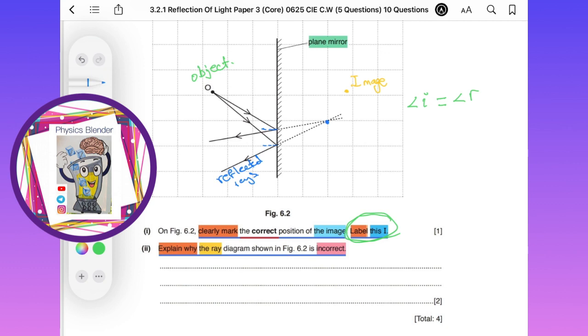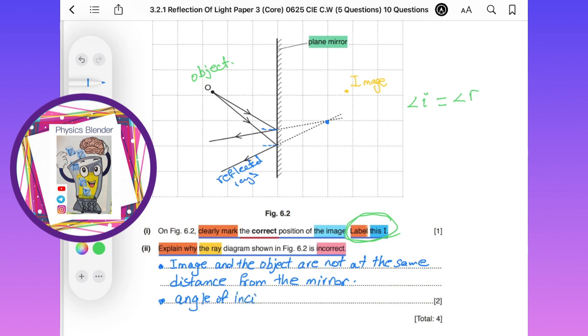So number 1, you have to write that the image and the object are not at the same distance from the mirror, and the second point, that angle of incidence is not equal to angle of reflection.